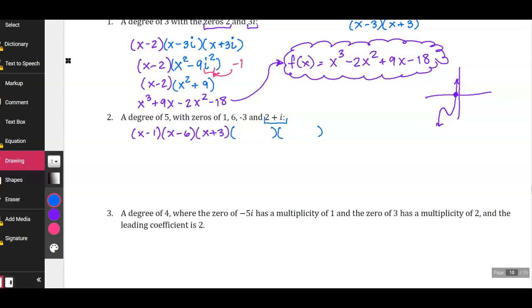Yes, exactly, Mario. Here we have x. Remember, we're subtracting everything over, so it becomes x minus 2 minus i. But we also have the conjugate, x still minus 2, but now plus i.